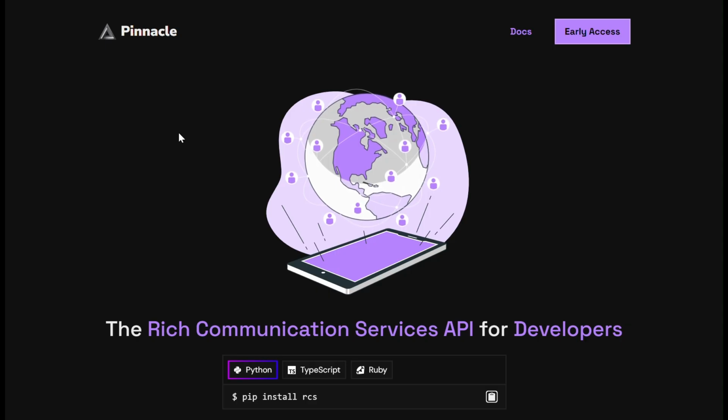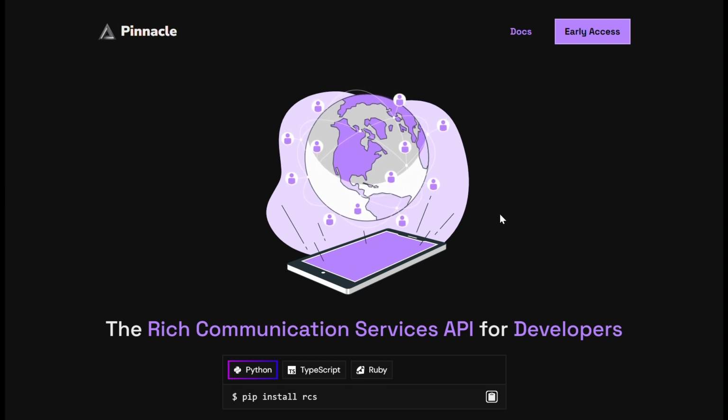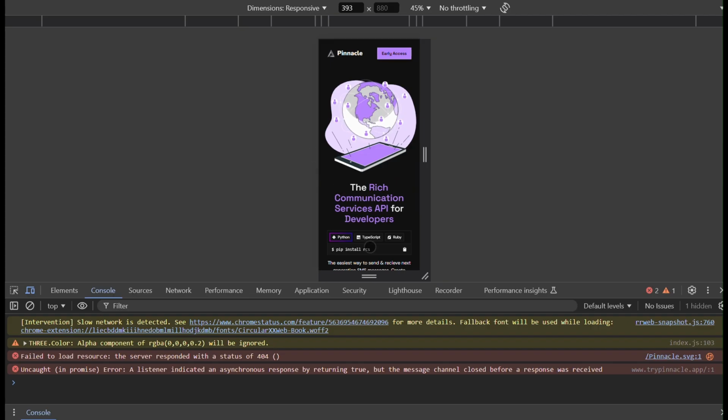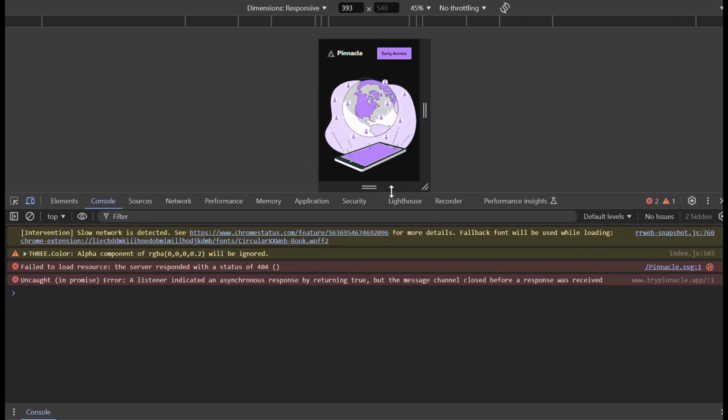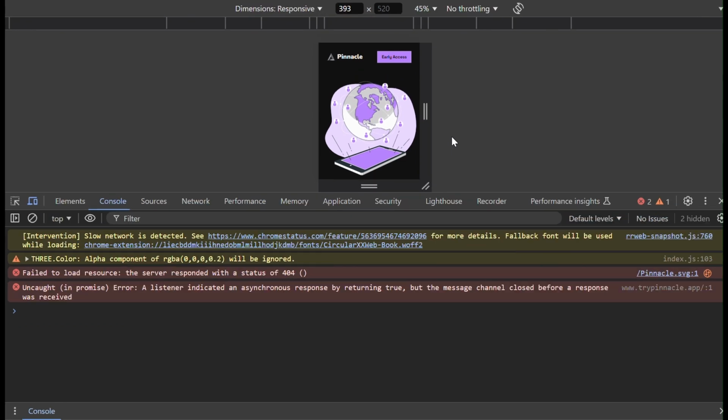So, to the hero image. If this was on mobile, actually, this is what it looks like. Oh, sorry, I messed this up.